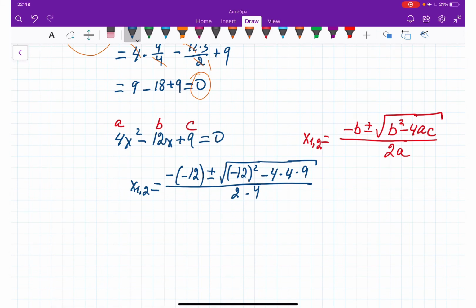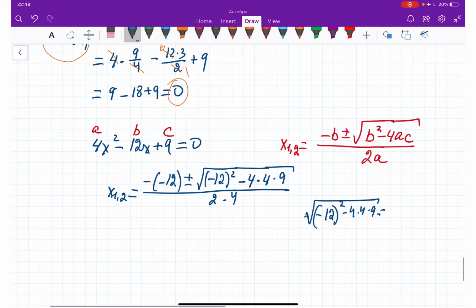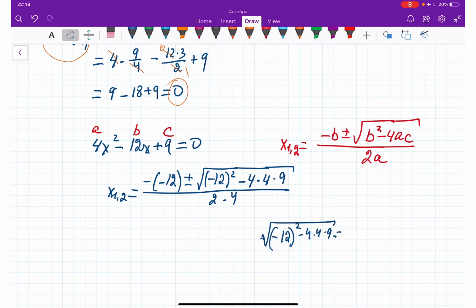So let's solve what we have underneath. Negative 12 squared minus 4 times 4 times 9. Negative 12 squared is 144. And 4 times 4 is 16, 16 times 9 is also 144. Okay, which is going to be equal to 0.